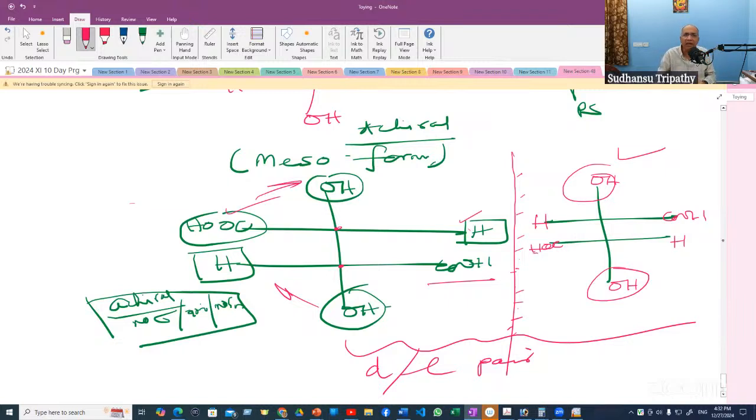But let us assign the configuration. Now, apply the CIP rule individually. For this chiral center, number one group is OH, number two group is carboxyl, and number three group is the other one.